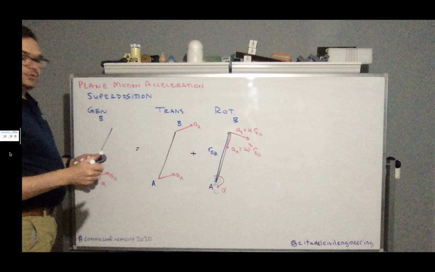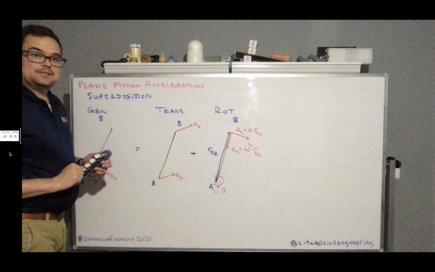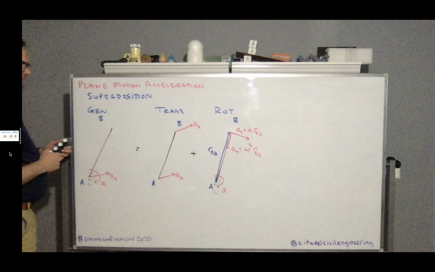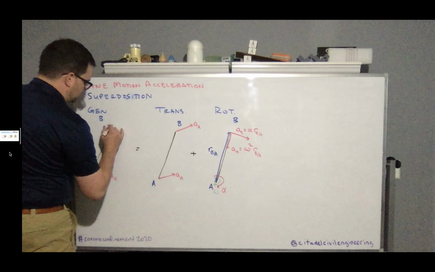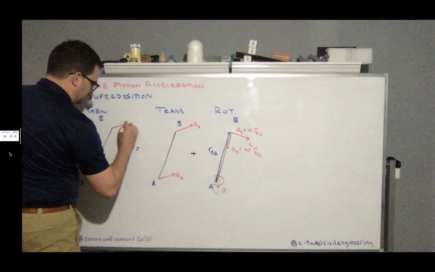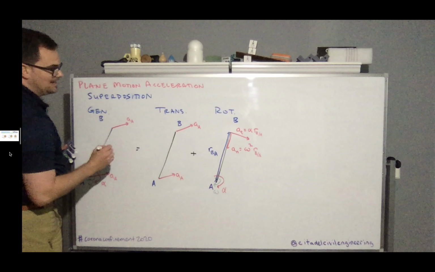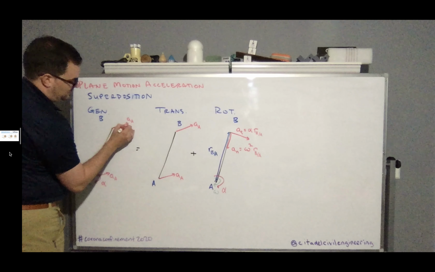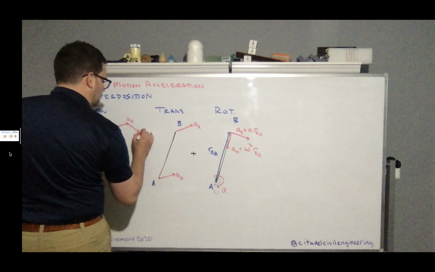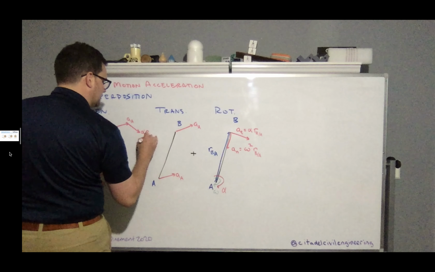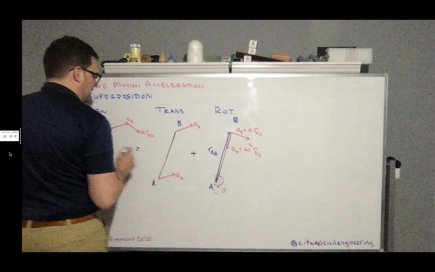And so what I like to do is use a force polygon to add those up. Alternatively, we'd be breaking them into their x and y components as we add them. That'd be the mathematical way we would do it. So the first thing we'll start off with is our translation component, the acceleration at A. Then I might add to it the tangential component, alpha r B with respect to A. So there's my acceleration at A. Now I've got my tangential component, alpha r.